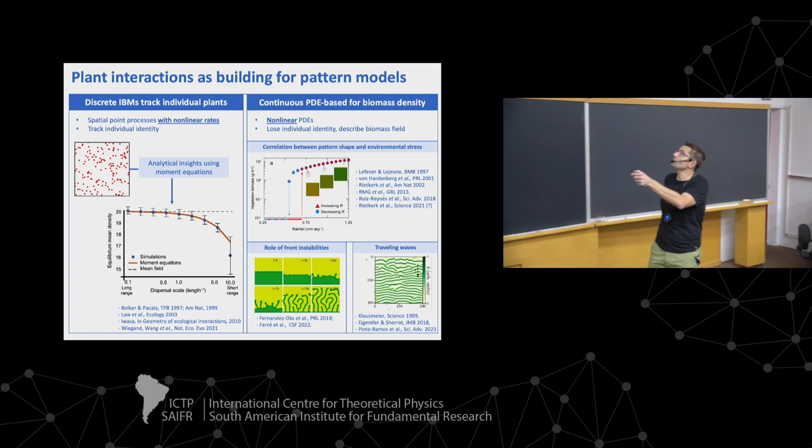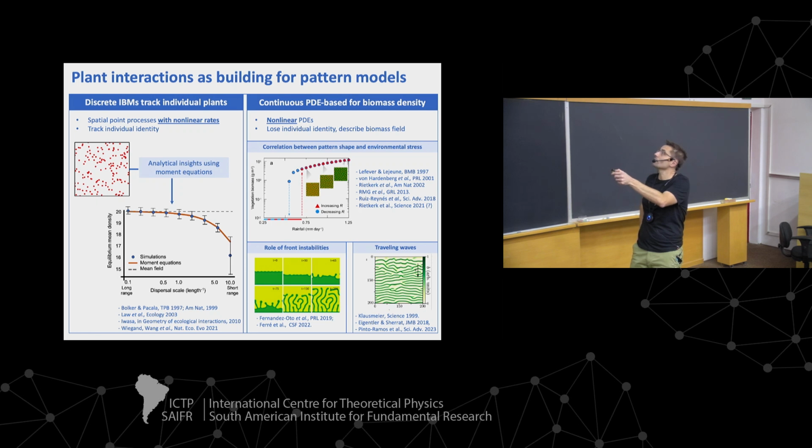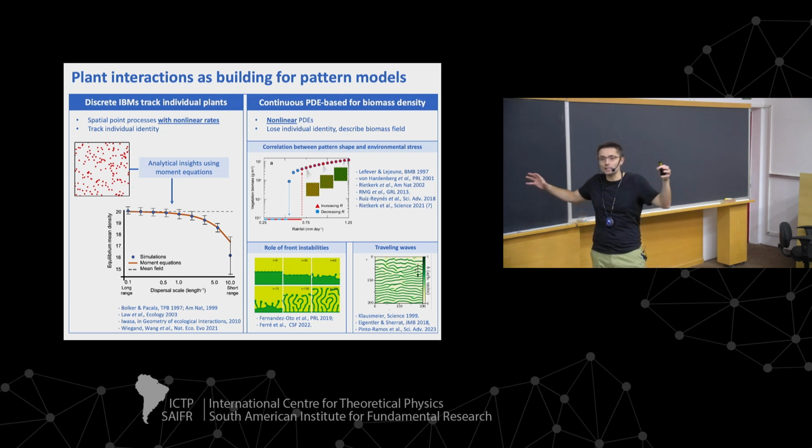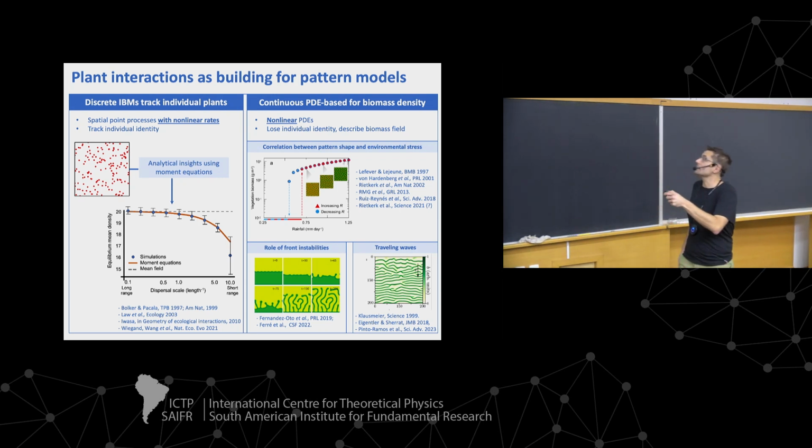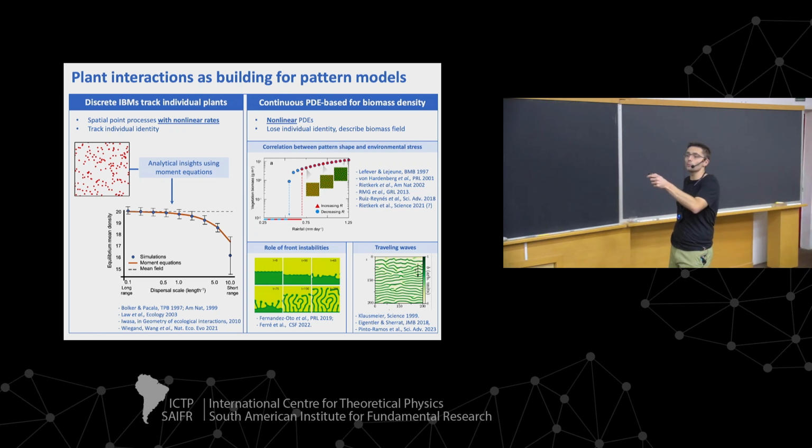And this is extremely relevant and extremely dangerous, because then the desertification is going to be abrupt. It's going to be sudden. I don't see a continuous degradation of my ecosystem. I have a tipping point. And it's even worse, because then I have a hysteresis loop. And to recover this ecosystem is going to take a lot of work. I really need to improve the environmental conditions a lot. So this was a very interesting idea for theoreticians.